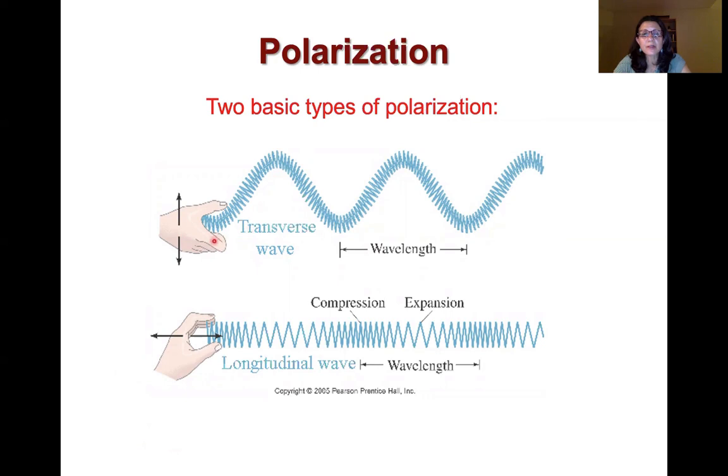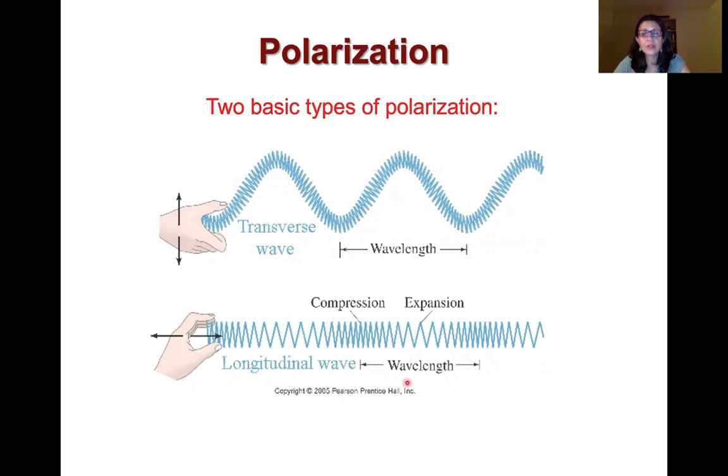For example, in the top picture, this is known as a transverse wave. The wave is moving either right or left, as this person is moving it up and down. But the wave itself, or the particles in the medium, oscillate up and down here.